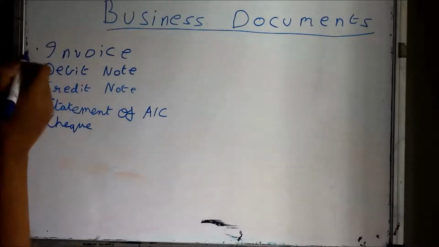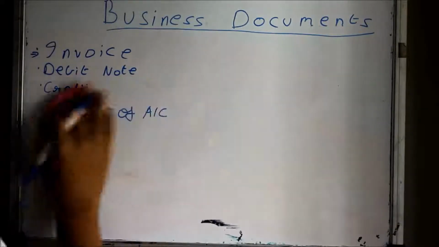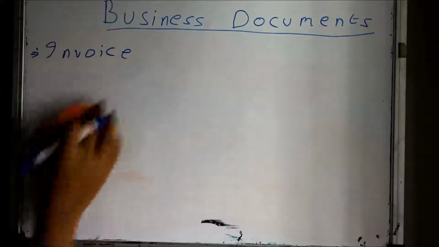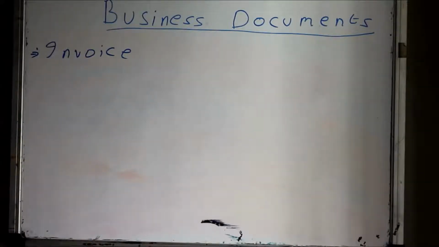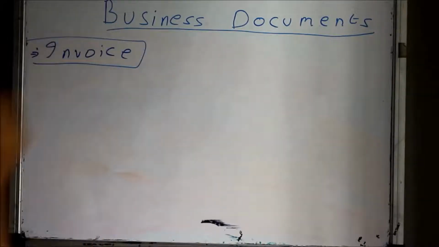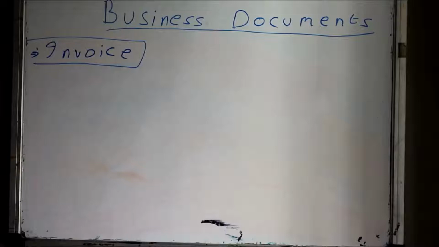Let's start with the invoice over here. Alright, so in an invoice, I think you know what an invoice is basically. It is just when a business sells good on credit, it will issue an invoice to the purchaser.